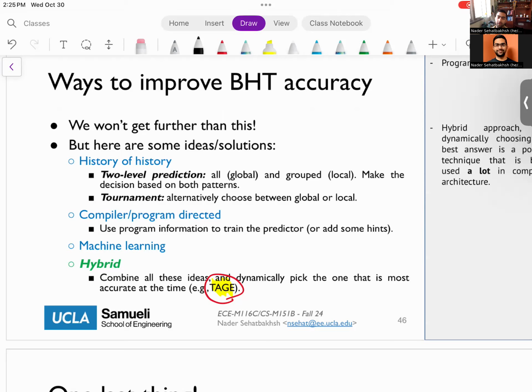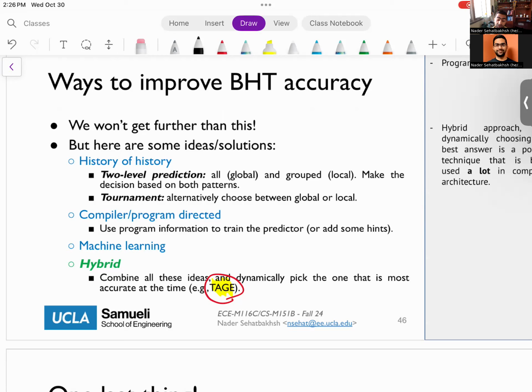For example, we separate branches from each other and treat their histories separately. We can also treat them all as one group and track them that way. So there are various ways that we can do that. There's another one called a tournament predictor, where you have a bank of different predictors and do some form of voting or dynamically decide which one to use. And then there are also other ways, such as using the compiler to help with the branch predictor, with some program information, some debugging information for the predictor.